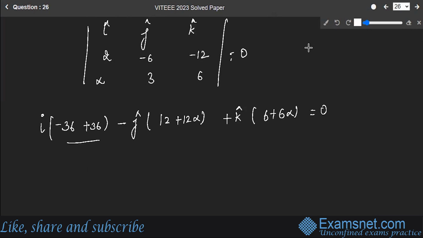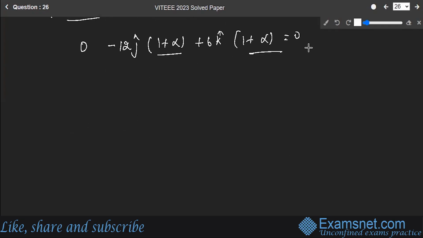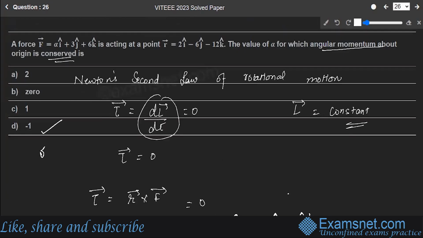Taking minus 12 common, this thing is equal to 0: minus 12j times 1 plus alpha plus 6k times 1 plus alpha is equal to 0. From here you have 1 plus alpha is equal to 0. That gives you alpha is equal to minus 1. Right. So you have the option as the right answer. Hope you understood this. Next is question number 27.